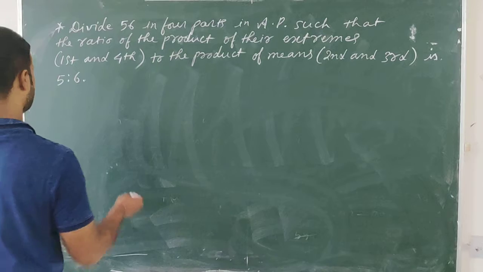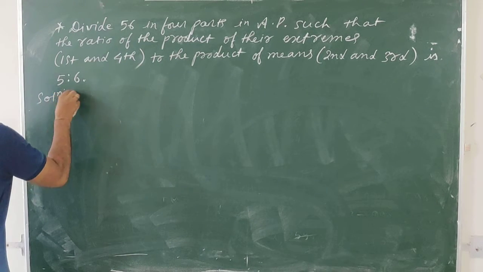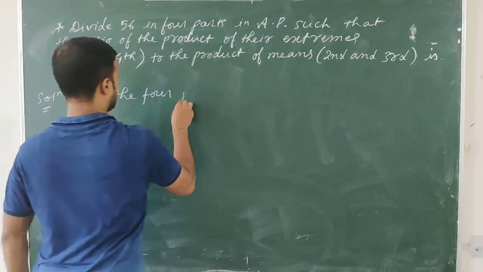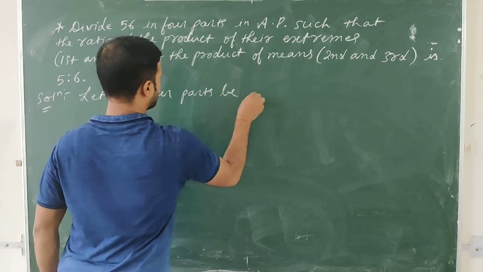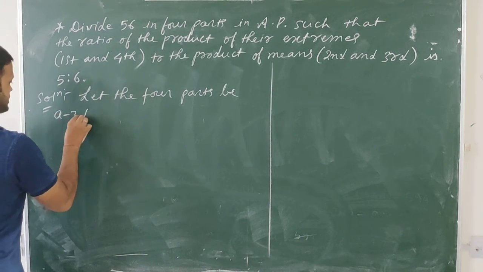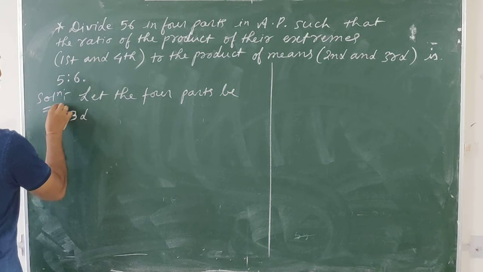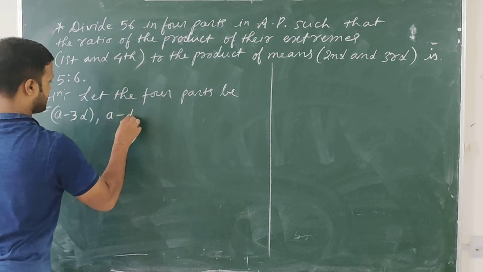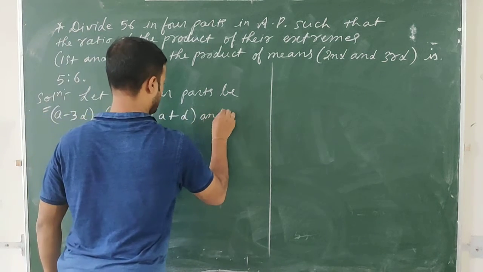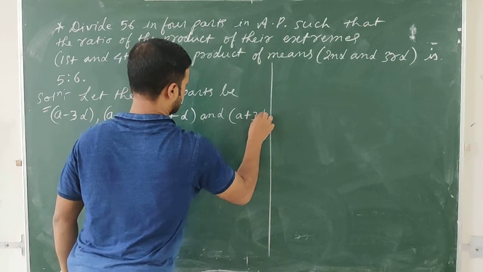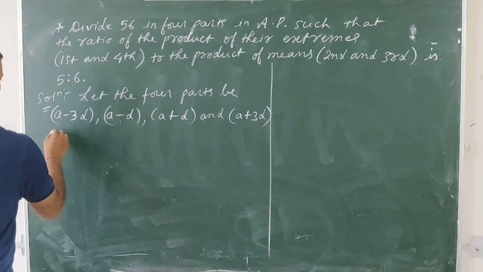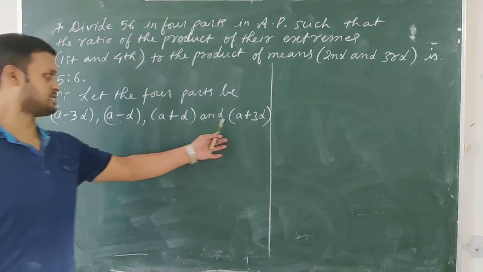Let the 4 parts be a minus 3b, a minus b, a plus b, and a plus 3b. Okay, these are the 4 parts.